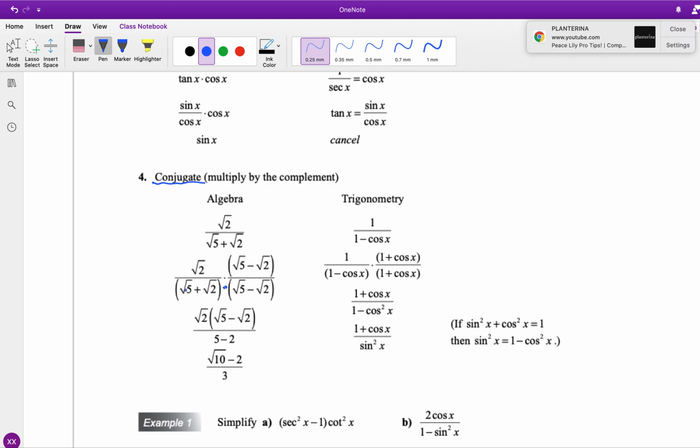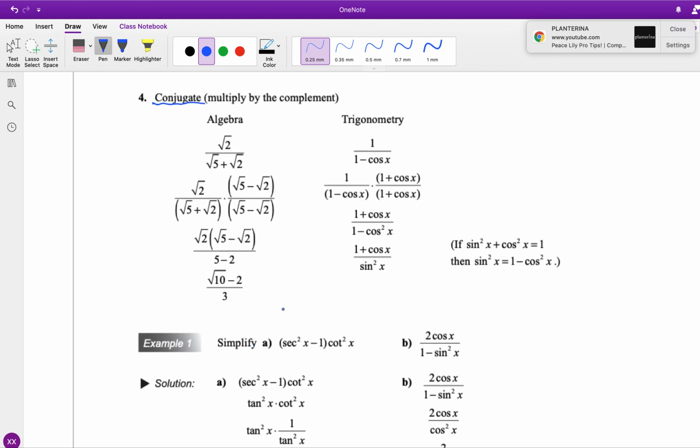Now a squared is root of 5 squared, that's 5. b squared is root of 2 squared, and that's 2. On top, you multiply by the same thing you multiplied at the bottom, and then it becomes this. During the exercise, you will see that you would be using this conjugate. This is pretty much the highest level of manipulation you have to try in 7.1.